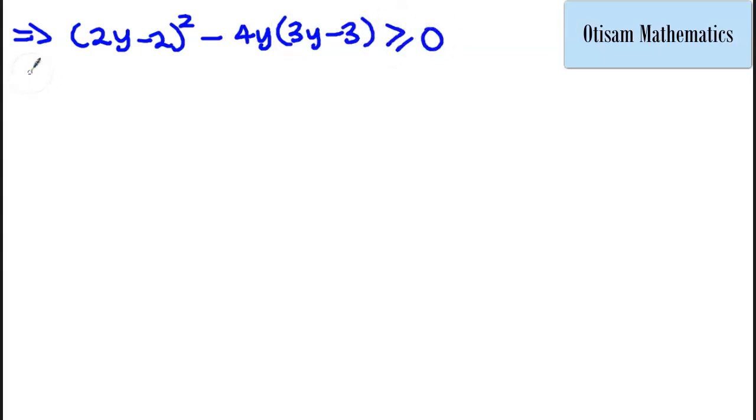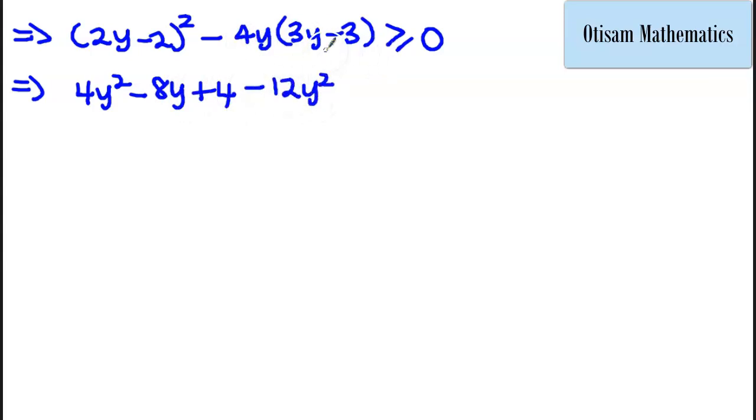So let's expand. We have 2y squared, which will be 4y squared, 2 times 2y times minus 2, we have minus 8y plus 4. Then minus 4y times 3y gives us minus 12y squared, and minus 4y times minus 3 will be plus 12y, greater than or equal to 0.